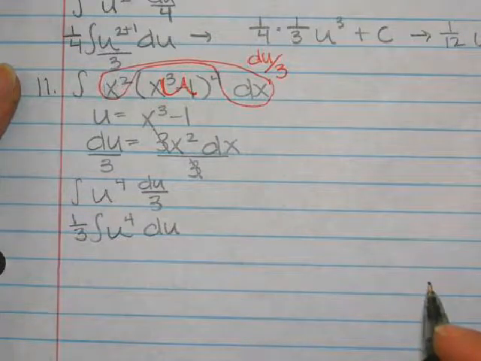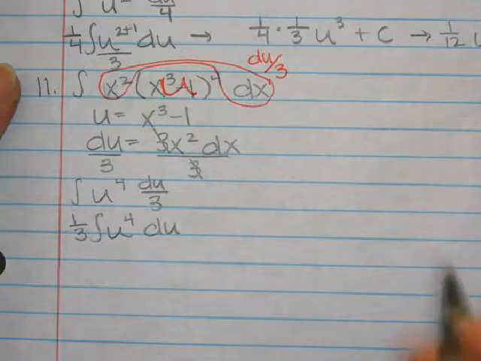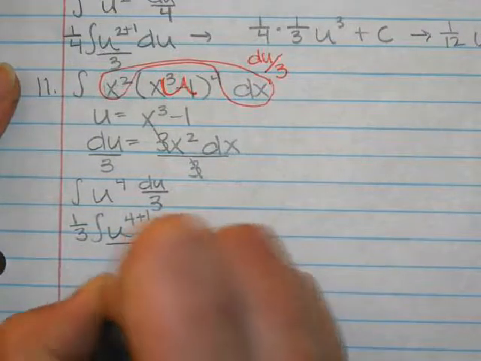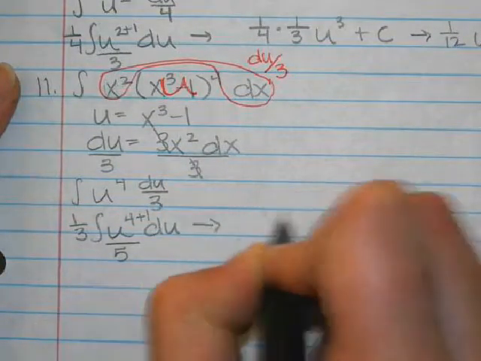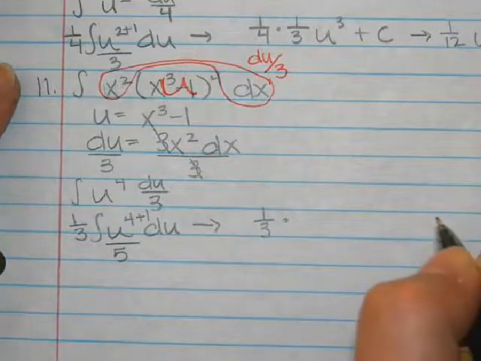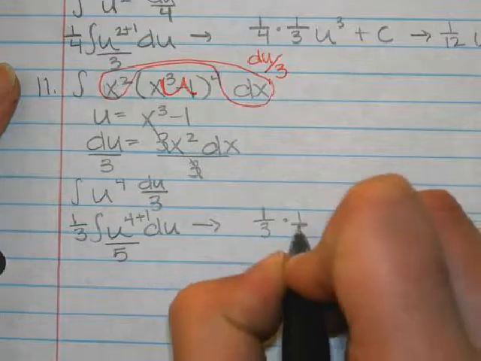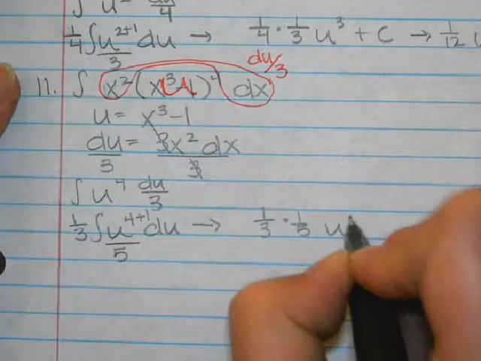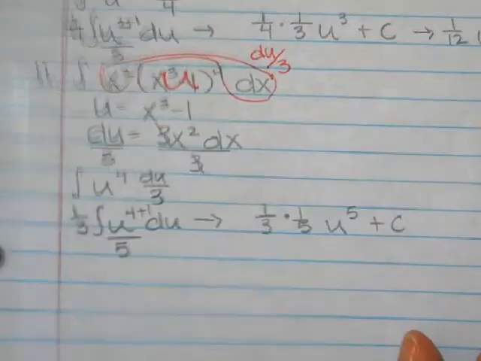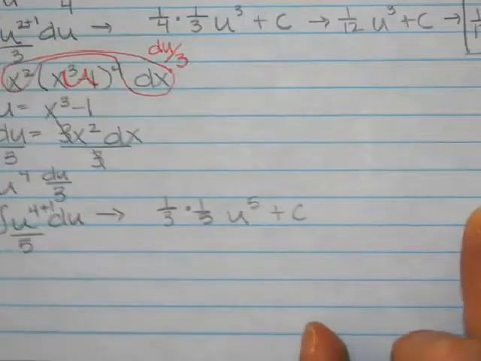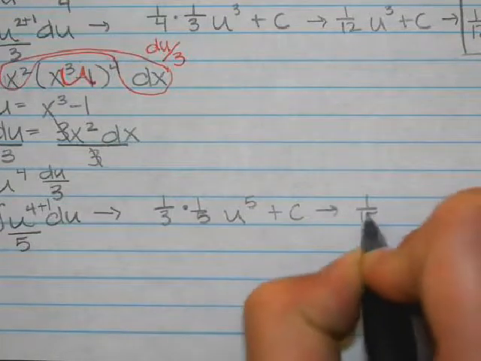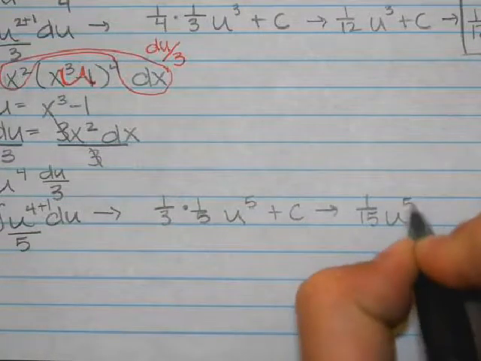And now what do I do? Add 1, so we're doing the antiderivative. Add 1, divide by 5. So we already had a 1/3 out in the front. Now what else do we have in the front? A 1/5. u to the 5th plus c. I do have a little bit of simplifying that can be done. 1/15 u to the 5th plus c.